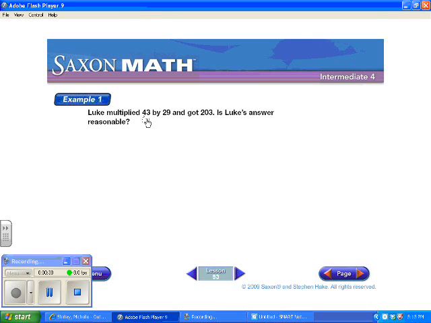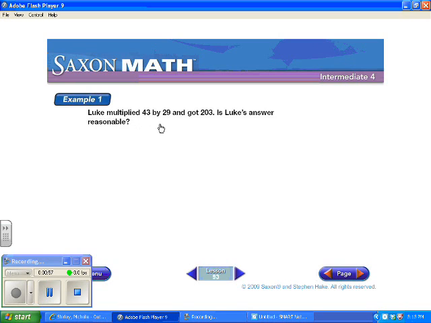Luke multiplied 43 by 29 and got 203. Is Luke's answer reasonable? So if we use estimation to see if this is reasonable, we would round 43 off to 40 and 29 off to 30. Okay, now 40 times 30 is very easy to do mentally.